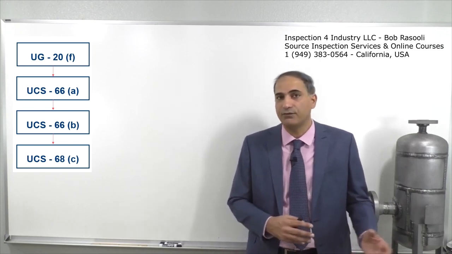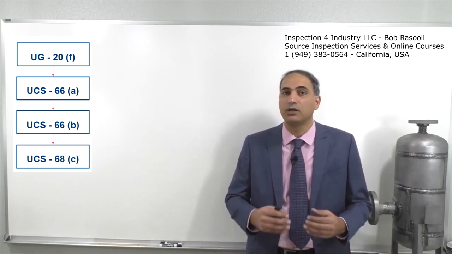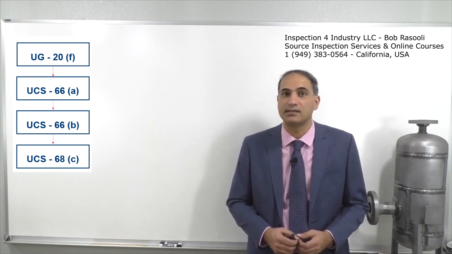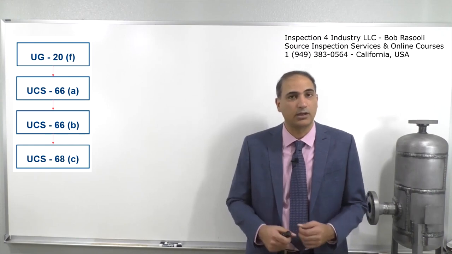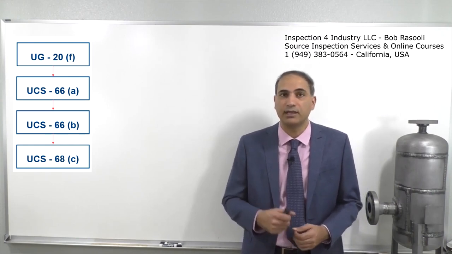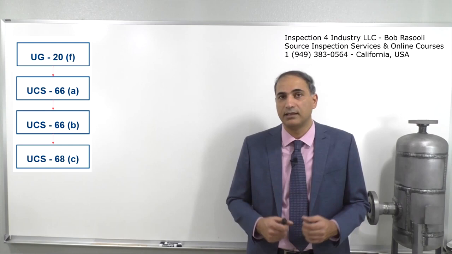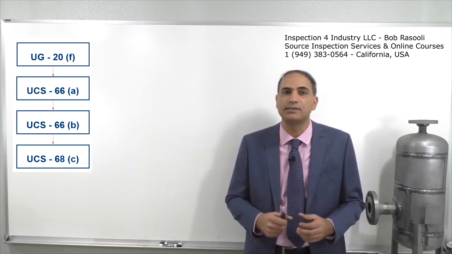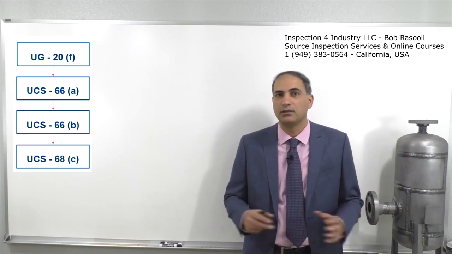But if we didn't get exempted, then you have to go to the next step, which is UCS-66(a). Again, you continue the assessment to see if you get exempted from the impact testing. If you get exempted by UCS-66(a), you're good to go.